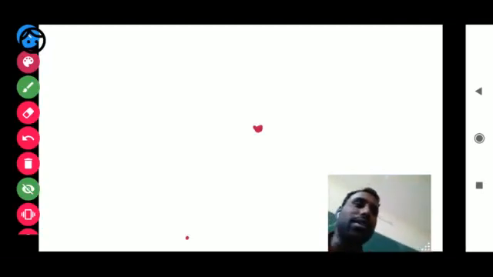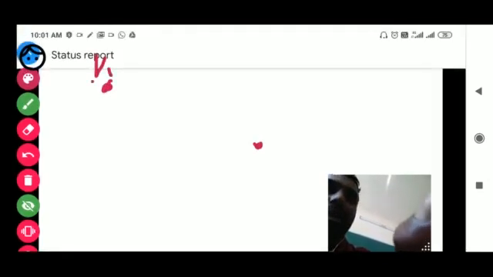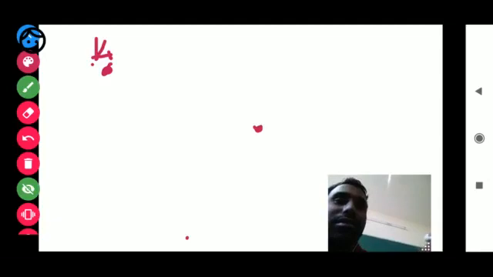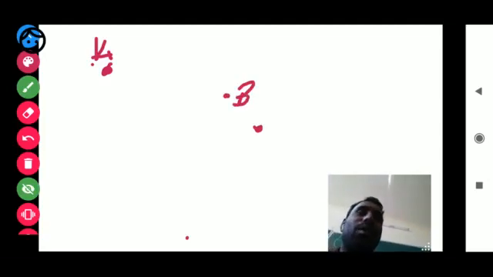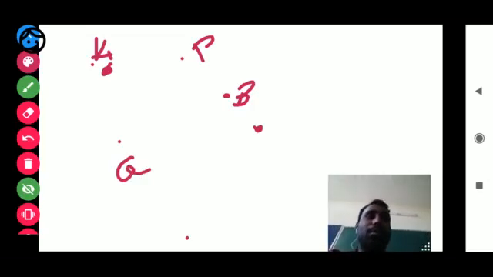In the first one, look at this. Your friend's position is somewhere here, point A, and your playground should be point B. Here one person is P, and here one person is Q, the place names.